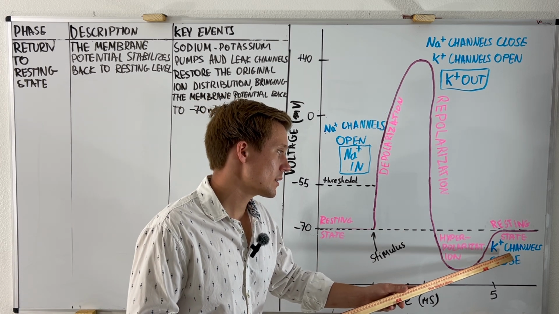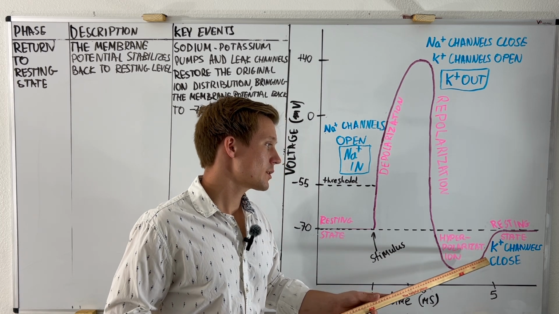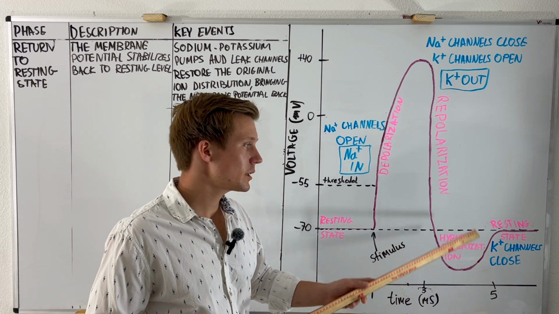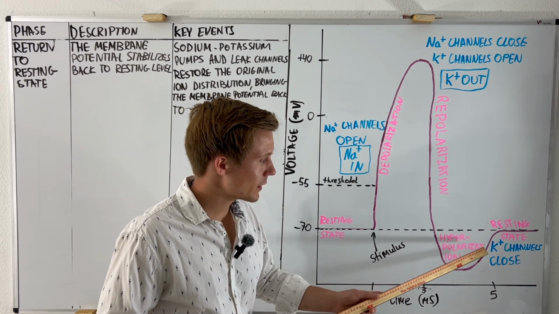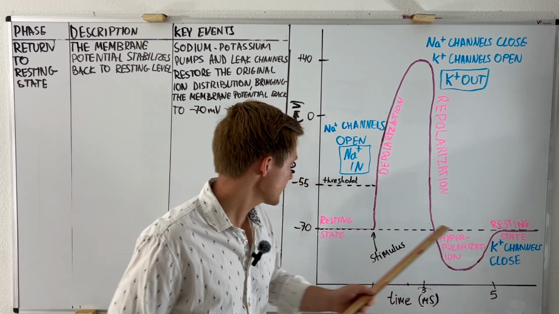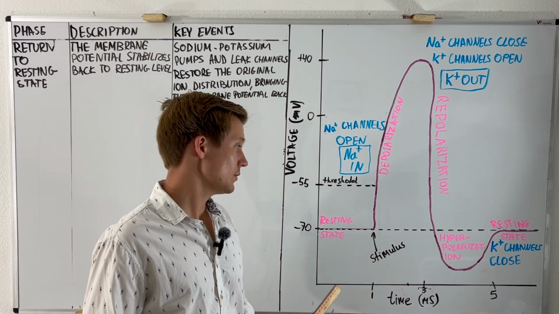And then as the potassium channels close and the sodium potassium pump and leak channels bring the ion distribution back to normal, the resting state will ensue at -70 millivolts.